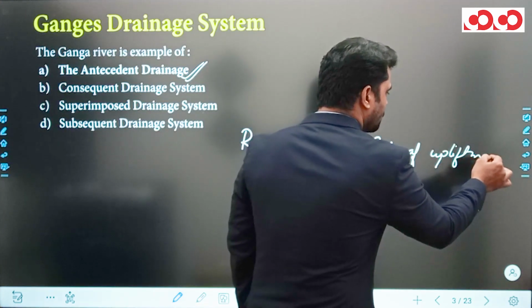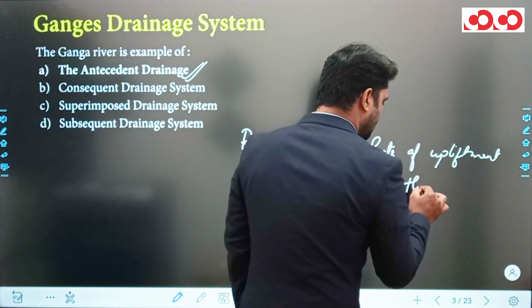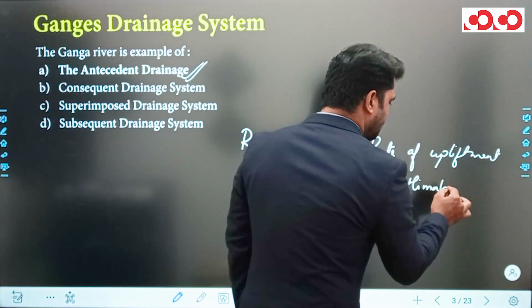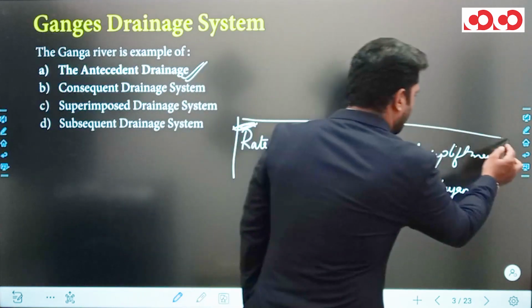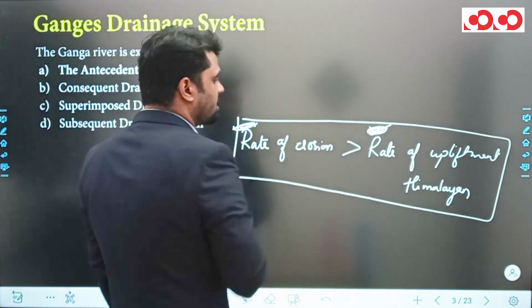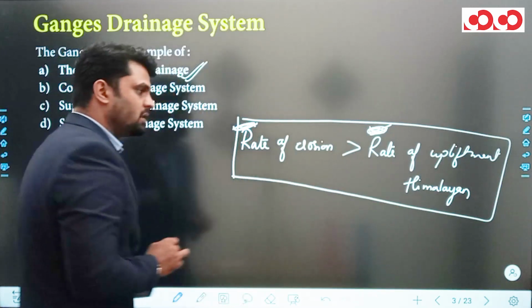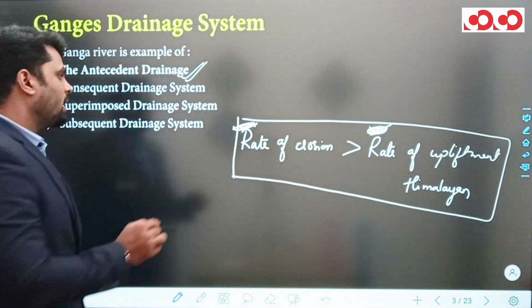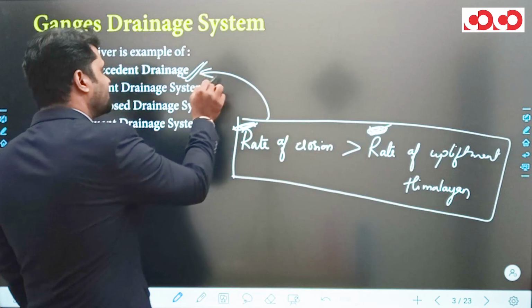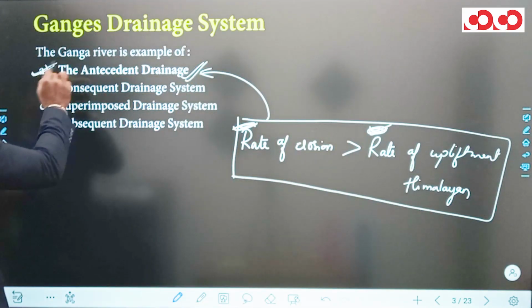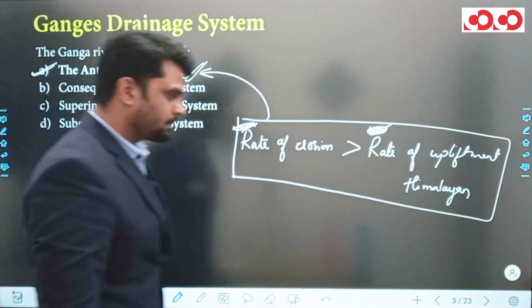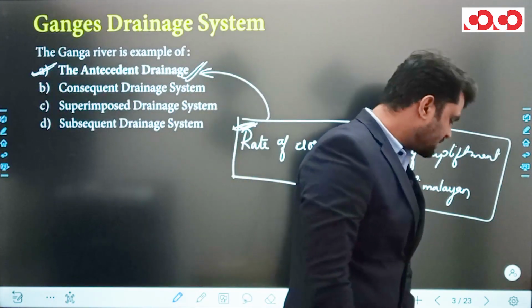Clear? This is the reason why Himalayan rivers do not change their river course. And that's why they are called antecedent river system, and that's why option A of this question is the correct answer. Clear? Let's move to the next question.